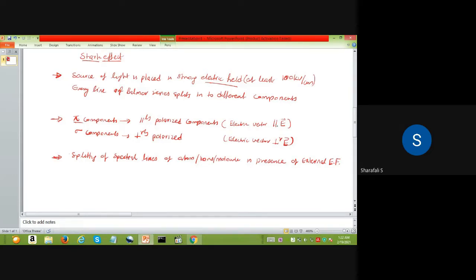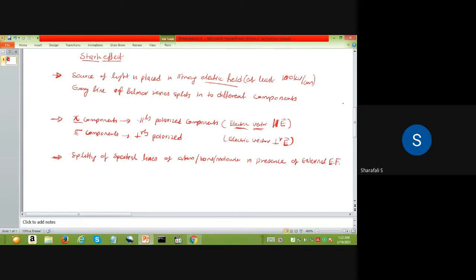Means that if you are applying electric field in a particular direction, and we are getting that pi components and sigma components, like the lines which are coming out of that source, consider both of their direction, then that electric vector which is coming out because of that Stark effect will be parallel to the external electric field direction. Similarly, if it is perpendicular, then it is called as sigma component.